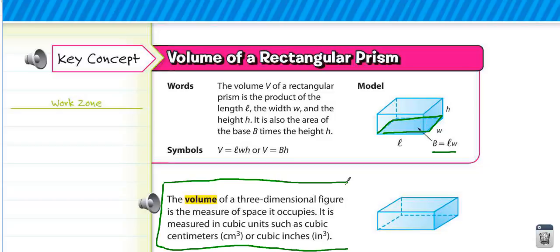When you look at a milk carton, it's how much milk fits in the carton. When you look at a wheelbarrow, if you're filling a wheelbarrow with dirt, it's how much dirt fits in the wheelbarrow.